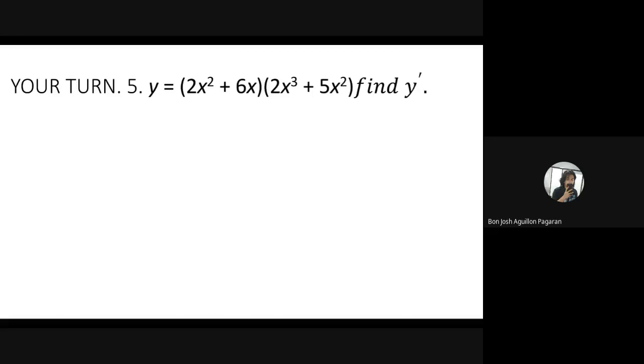Oh, it seems that we have one uniform answer from the first three students. From Ariel, Bon, and Miko Isguera.